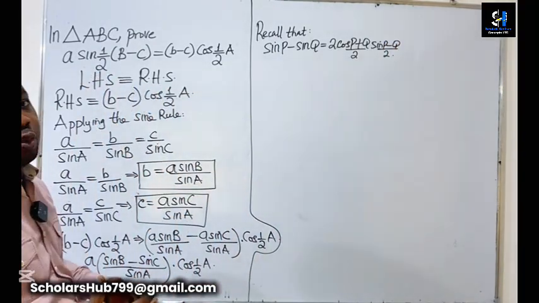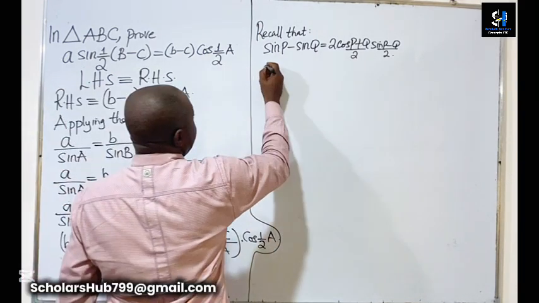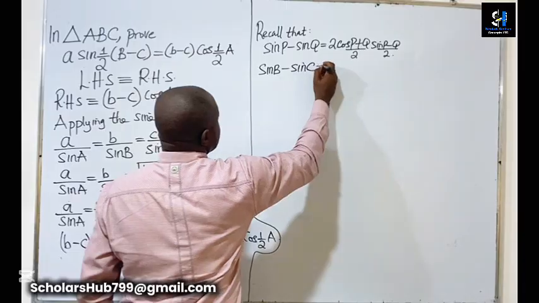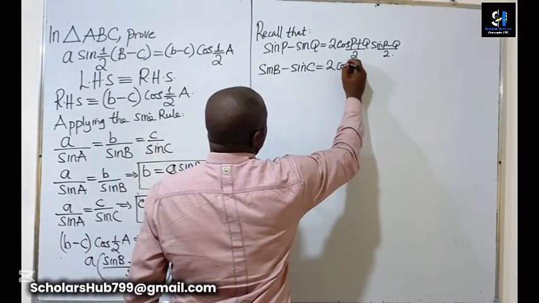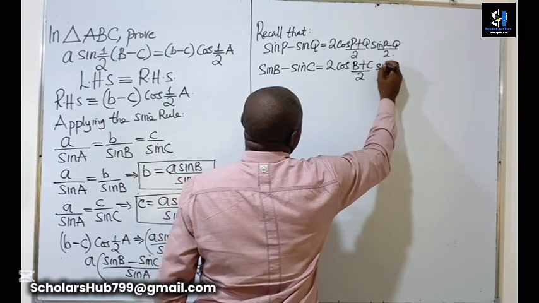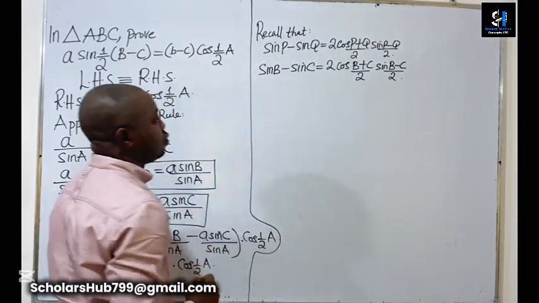This is one of the sum to product identities. Which means for sin B minus sin C, this will be equal to 2 cos((B + C)/2) sin((B − C)/2).